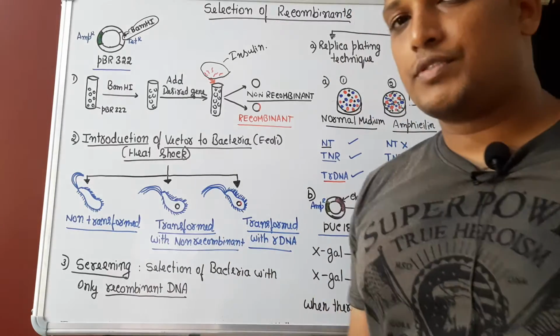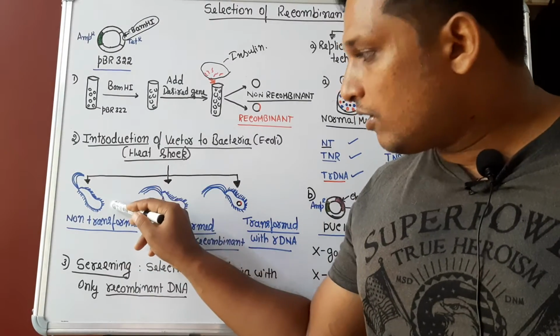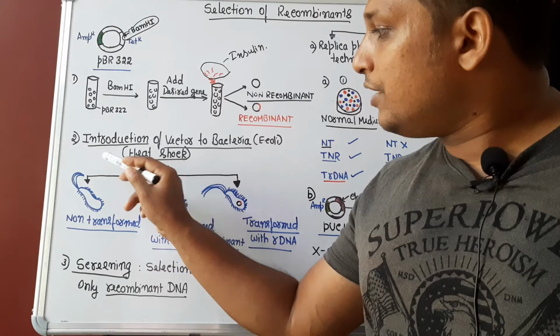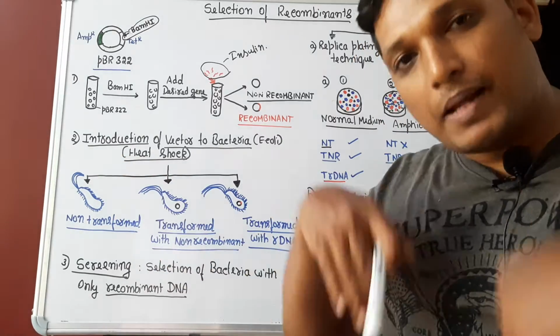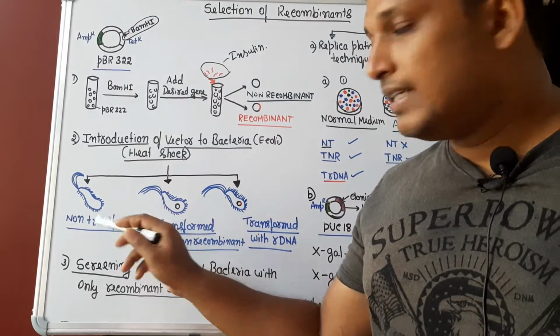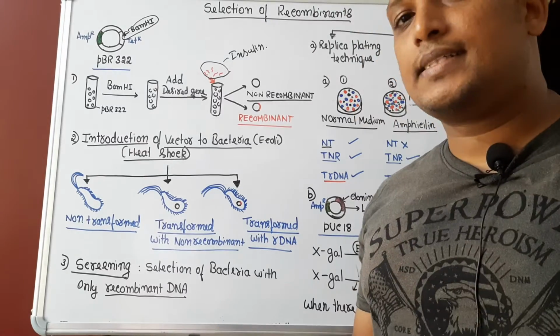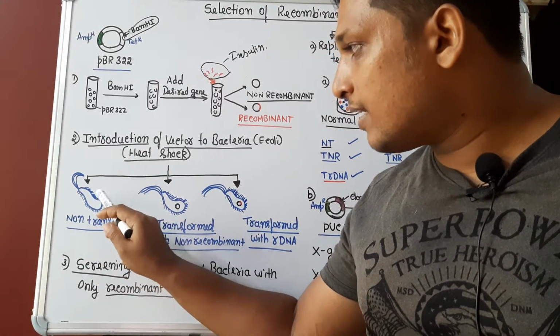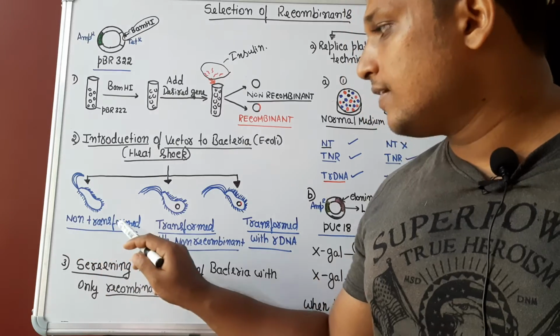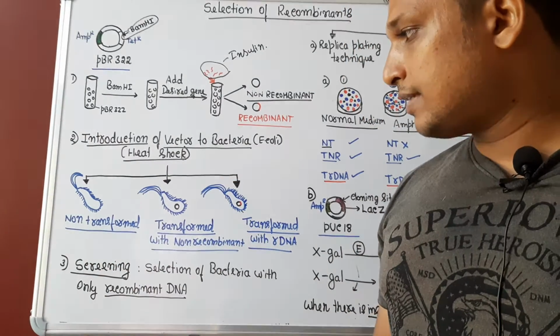What are those three kinds of cell? First type of E. coli cell, which might not have taken any plasmid inside. That means it has not transformed itself, hence such an E. coli cell without any plasmid is known as a non-transformed cell.